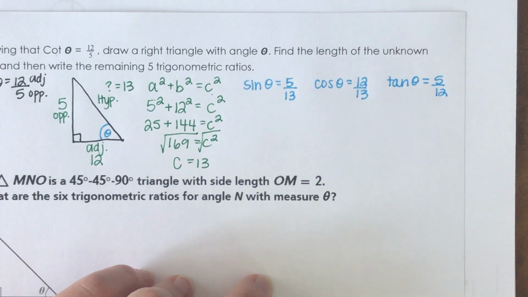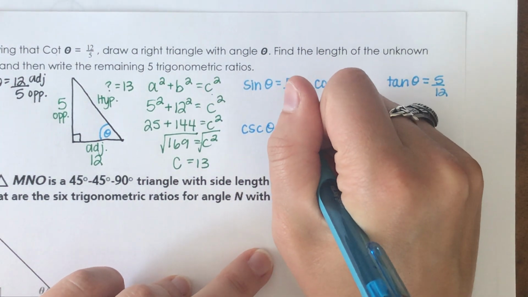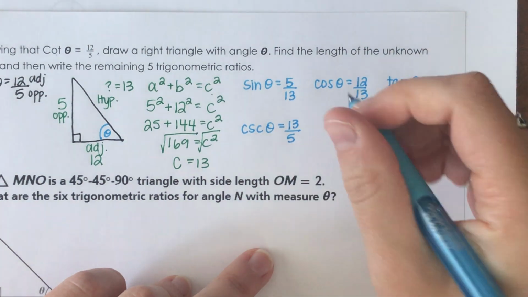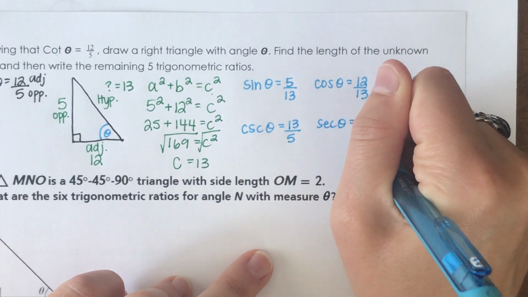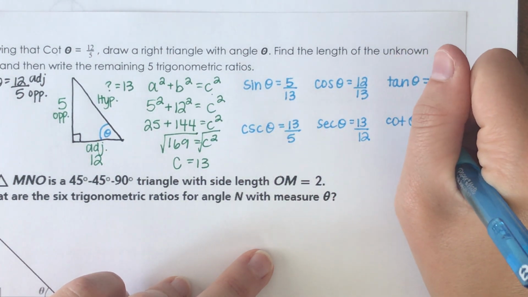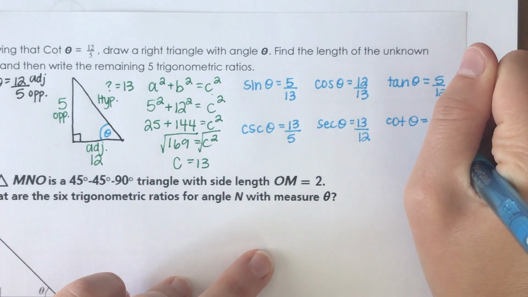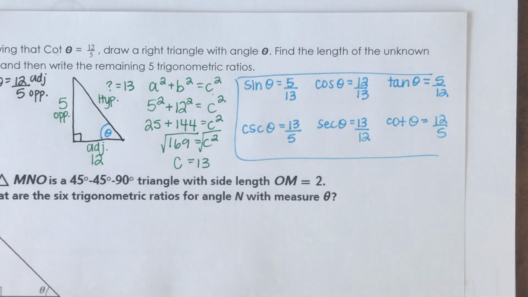And then to write the other 3, they're just reciprocals, so I just flip everything. So cosecant is 13 over 5. The secant is 13 over 12. And the cotangent was already given to me, but it's 12 over 5. And there I've got my 6 trig ratios.